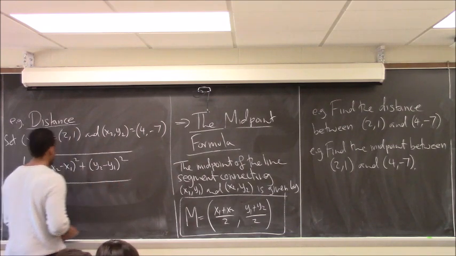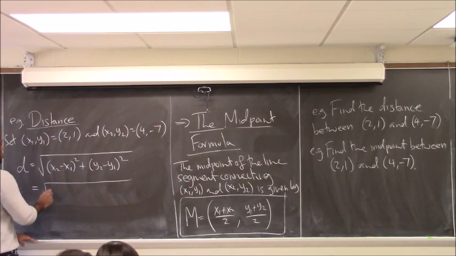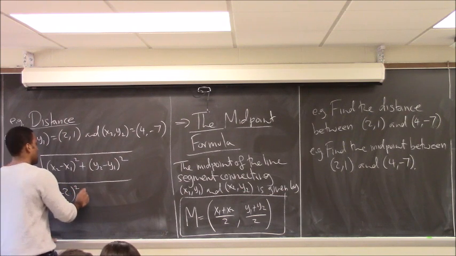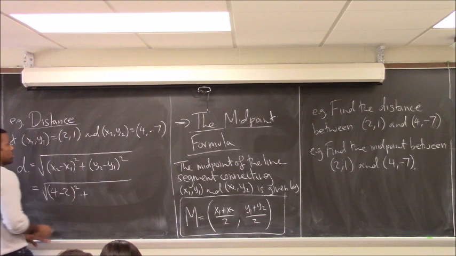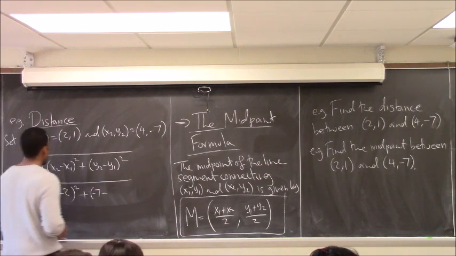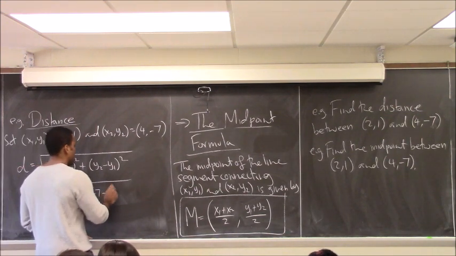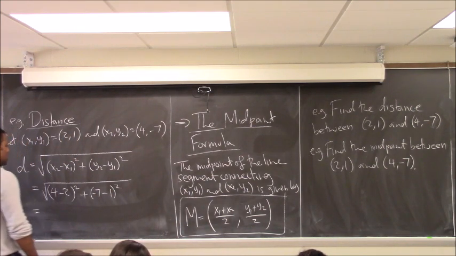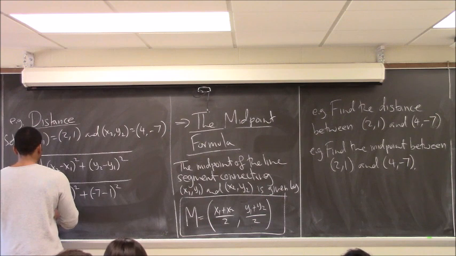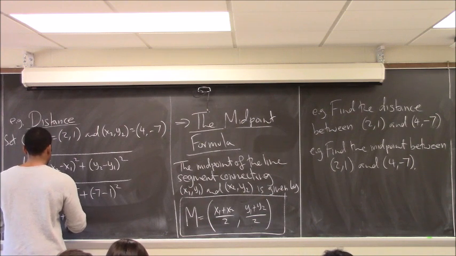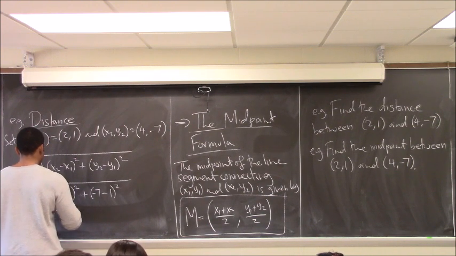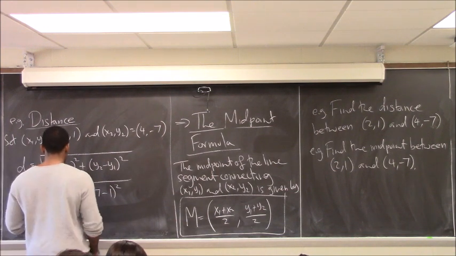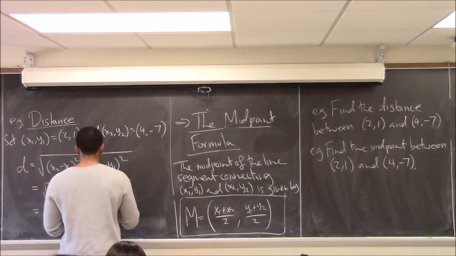So x2 is 4 minus x1 is 2. y2 is minus 7 minus y1. So that would just become 2 squared plus 8 squared, which is the square root of 68.